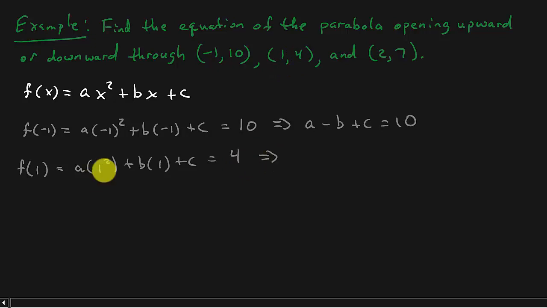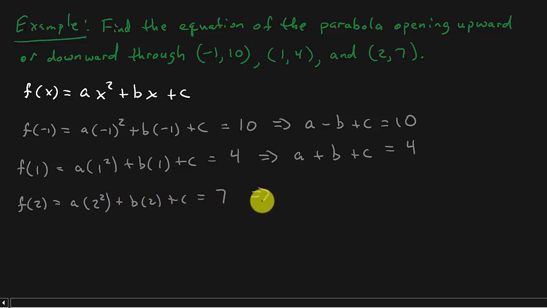So this gives me an equation of a plus b plus c equals 4. And then the next one, I've got f of 2 is equal to a times 2 squared plus b times 2 plus c, and that should equal 7. And 2 squared is 4, so that's 4a plus 2b plus c equals 7.